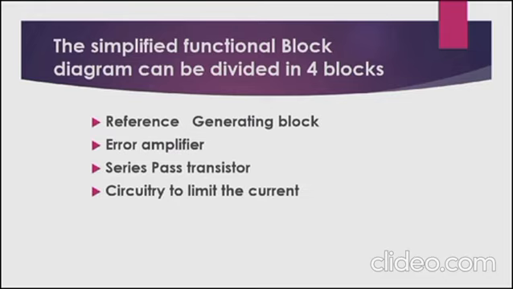First, the reference generating block. The temperature compensated Zener diode, constant current source and voltage reference amplifier together form the reference generating block. The Zener diode is used to generate a fixed reference voltage internally.